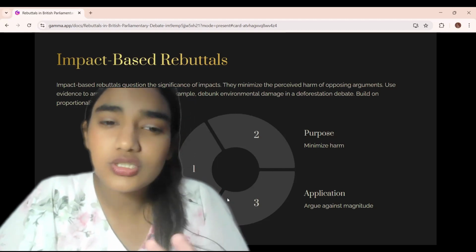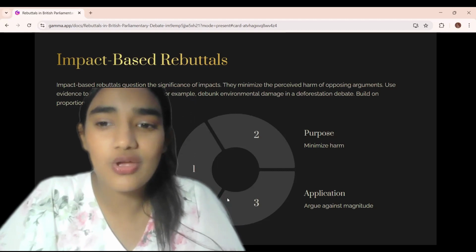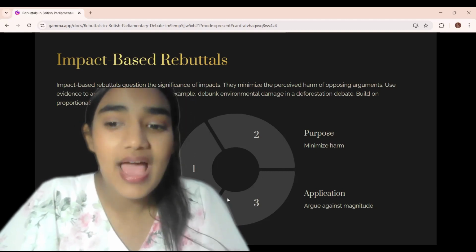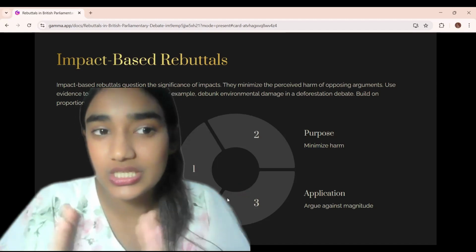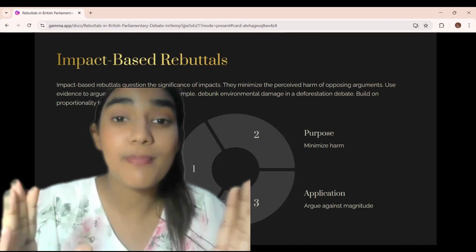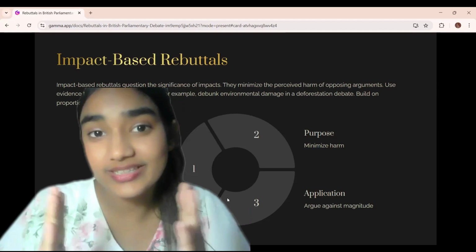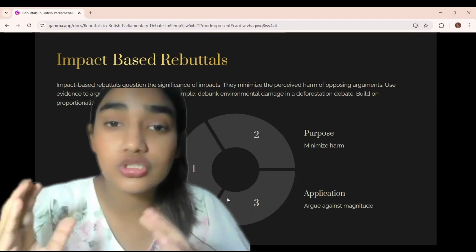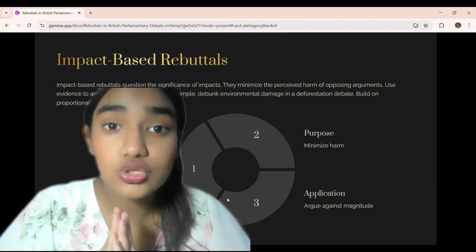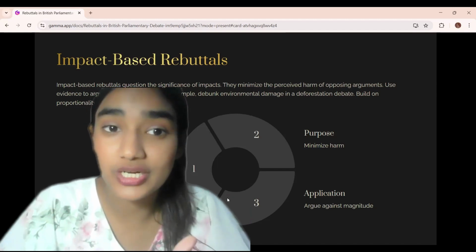You have to question significance, minimize their harm, and argue against the magnitude. Magnitude is a key point here. When you talk about impact, your magnitude should always be higher. That is the same thing I told you in arguments. Arguments and rebuttals go hand in hand, but we just need to know how to manage them efficiently.